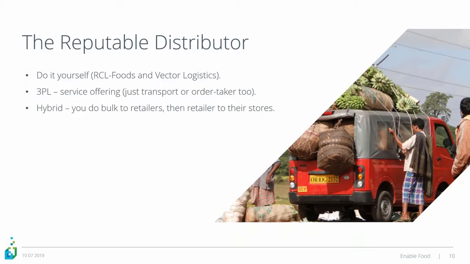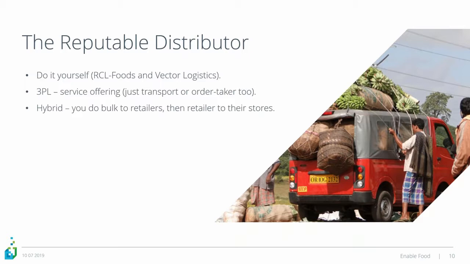So they'll outsource to somebody, you know, Imperial, UTI, who've changed the name, or Supergroup, DHL, there's a pile of them. And they'll let those third-party logistics providers supply the vehicles and manage the distribution to the retail distribution centers or the stores. They may even take the orders as well.